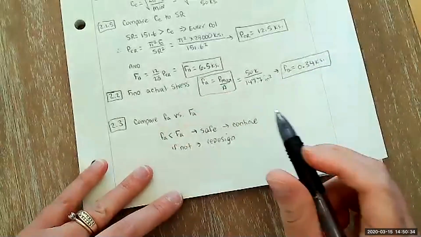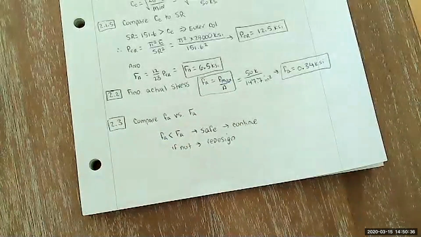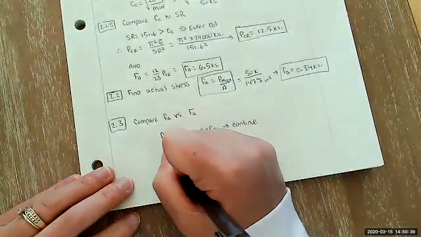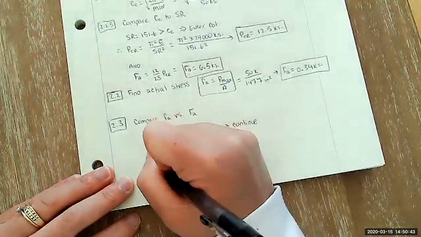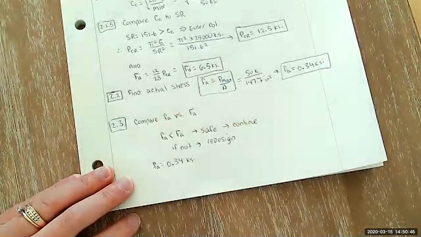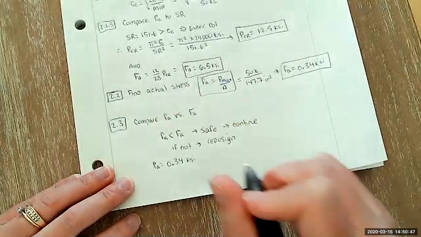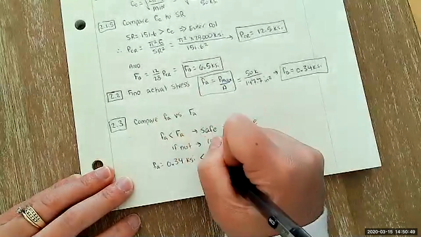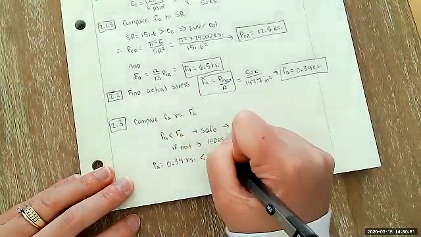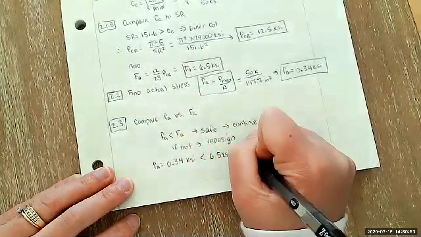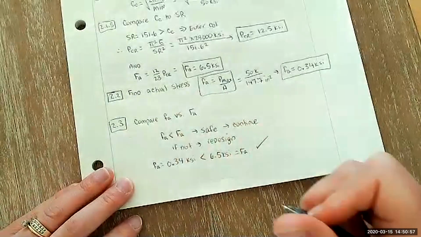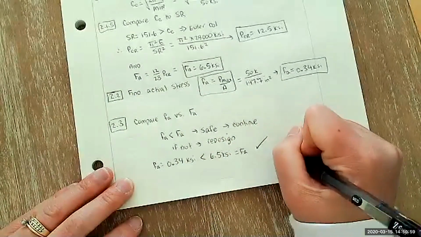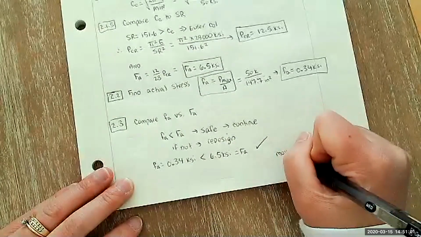And this is the final step for every single check. In our case, we have 0.34 KSI, which is our little f sub a, or our actual stress, which is indeed less than 6.5 KSI, our allowable stress. And so our structure is okay. And so we can move on to our bending check.